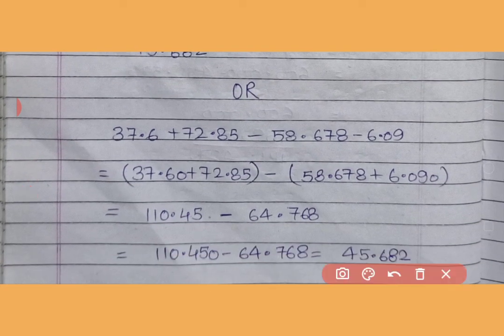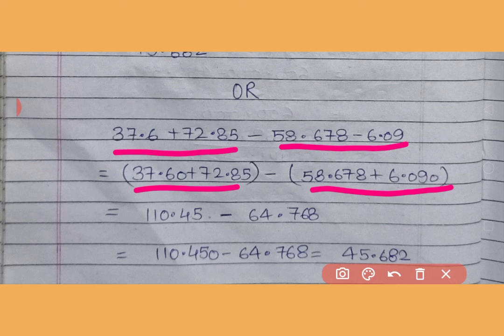As an example, in the first bracket we will write the positive numbers and in the second bracket we will write the negative numbers but with a sign of plus, and we will put a sign of minus outside of the bracket, because when the bracket opens, their answer will change into a negative number. So 110.45 minus 64.768, so it changed into 110.450 minus 64.768.